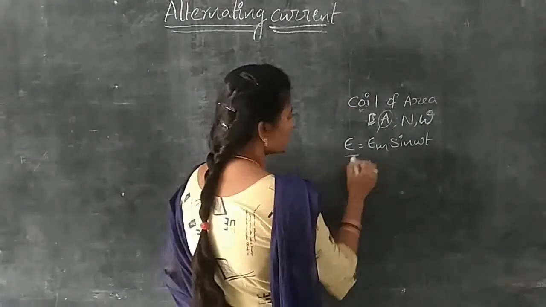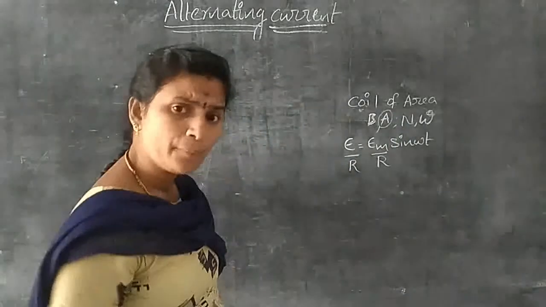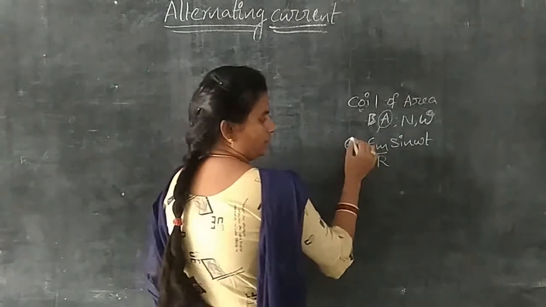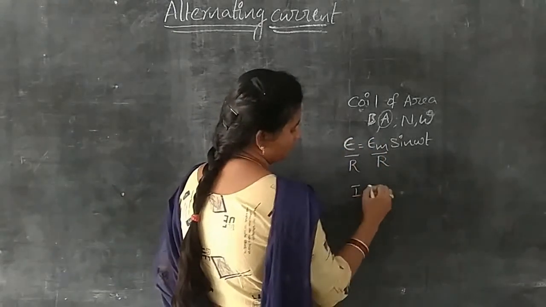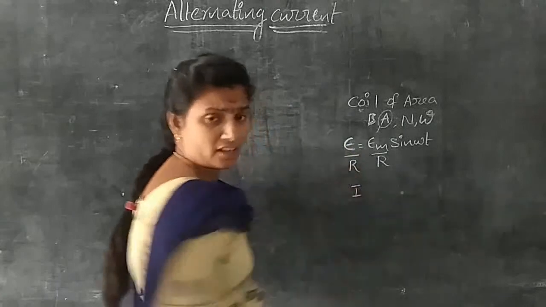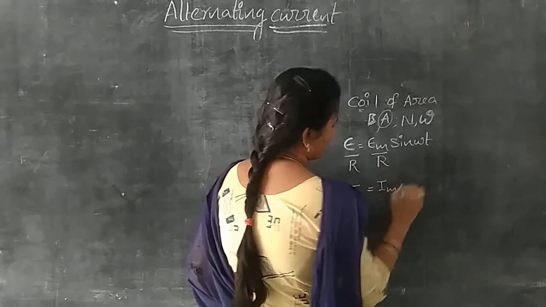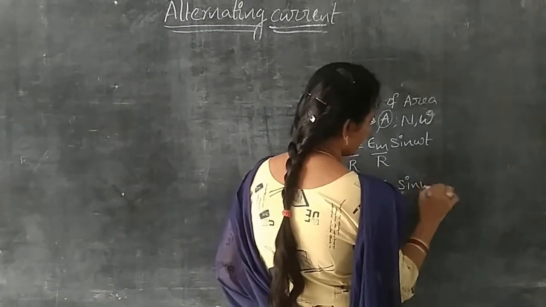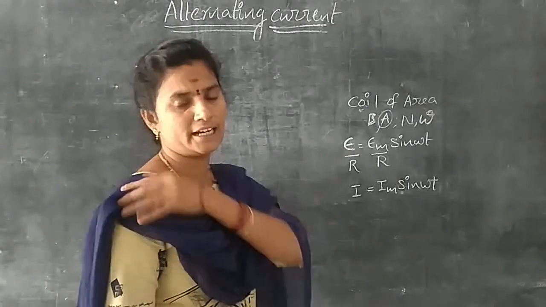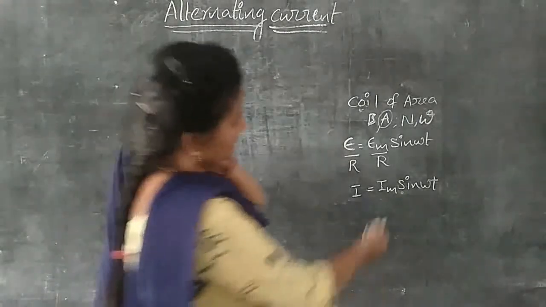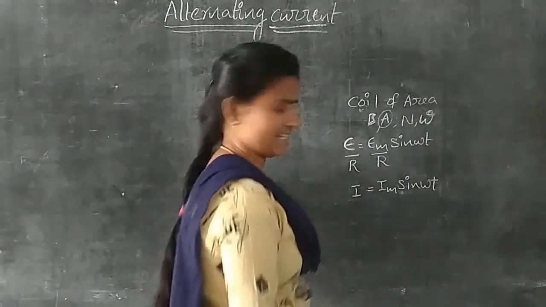Let us divide by r. Then EMF by r, that is potential V by r, is equal to I. So I is equal to Im sin omega t. This is the equation of the alternating current.